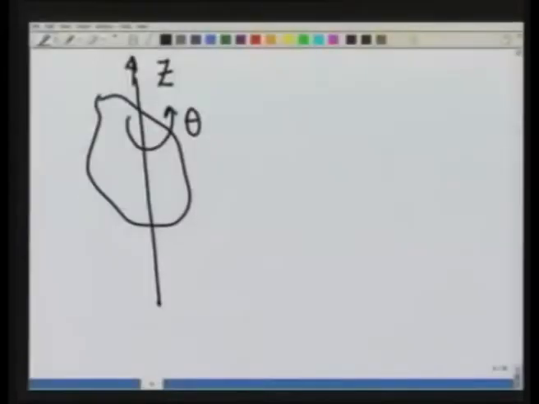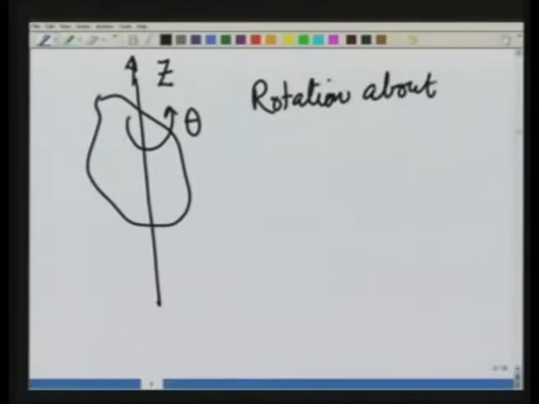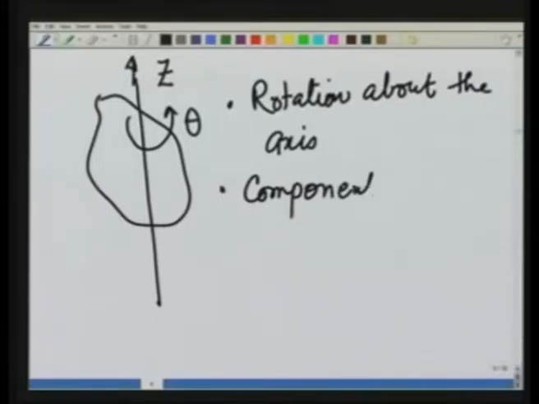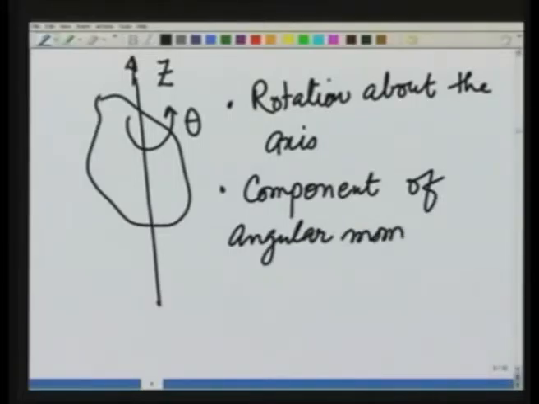So, all the relevant quantities are going to be rotation about the axis, and component of angular momentum along the axis.